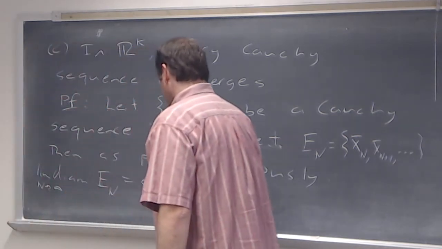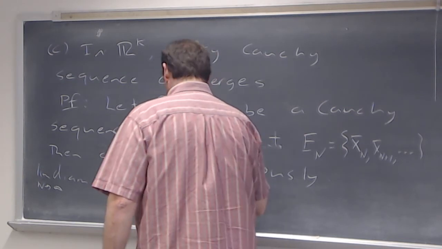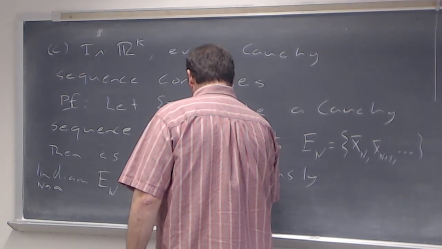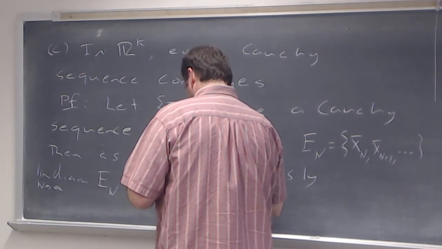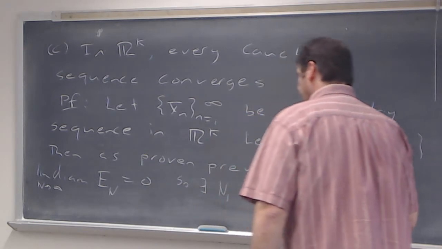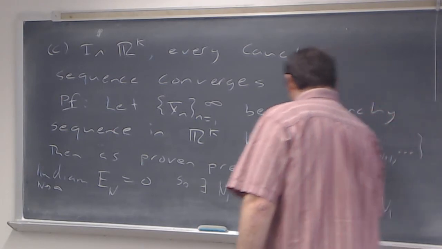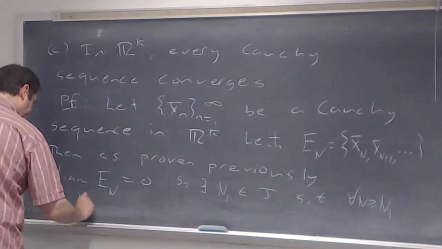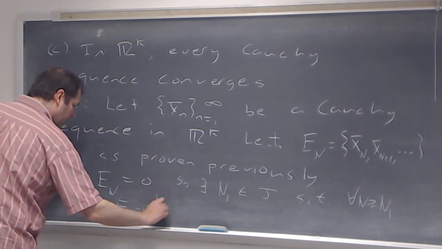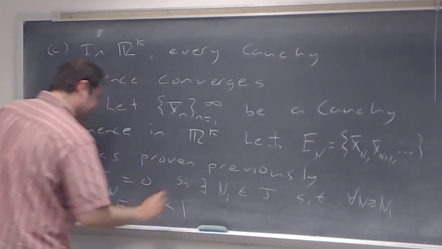So this is a sequence of numbers, and so there exists a capital N sub 1 that is an element of the natural numbers, such that for all big N bigger than that big N sub 1, the absolute value of the diameter of E sub n minus 0 will be less than whatever we choose. The N sub 1 will depend on that. And we'll choose 1.